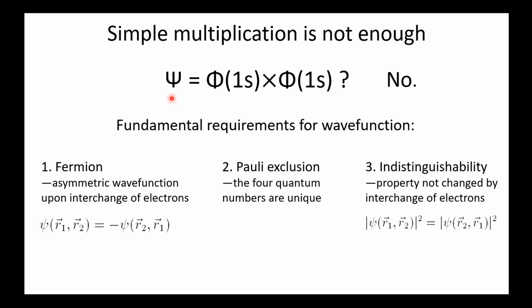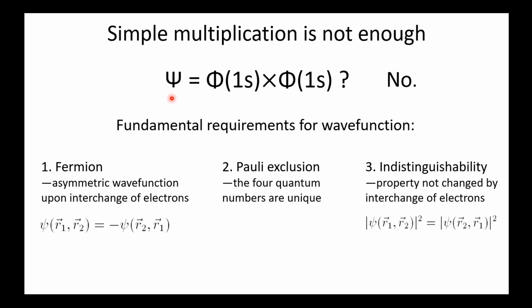So maybe a very easy guess is, can we simply use the multiplication of both the 1s and the 2s wave function? Since we know we can derive the analytical solution to the Schrodinger equation of a hydrogen atom, then we know the exact solution of the 1s orbital and also the 2s orbital.